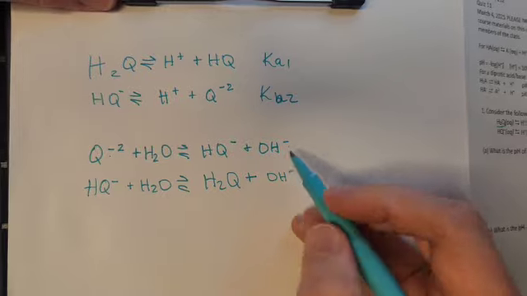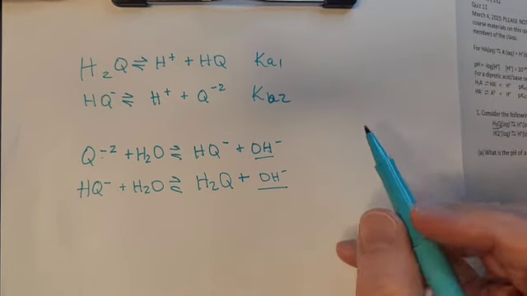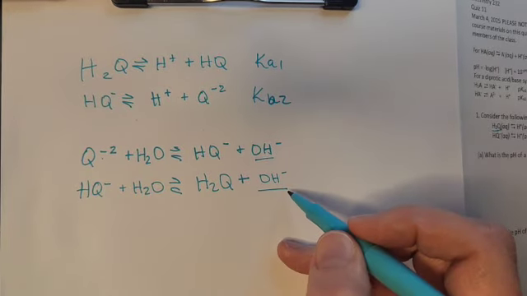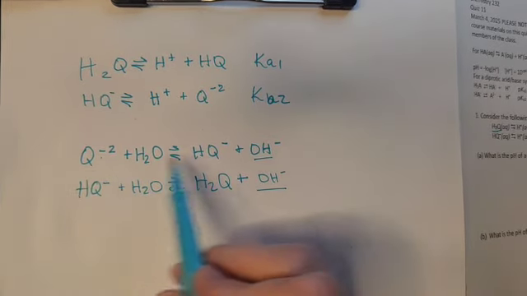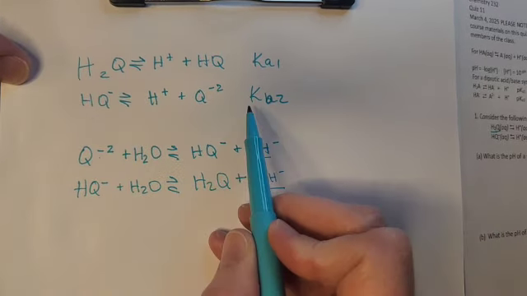And so you've got your bases here, right? These are your Kb values, and you're going to match those up by looking at the species that go with it. So you've got Q2 minus and HQ minus, okay? Well, that matches up here with Ka2.